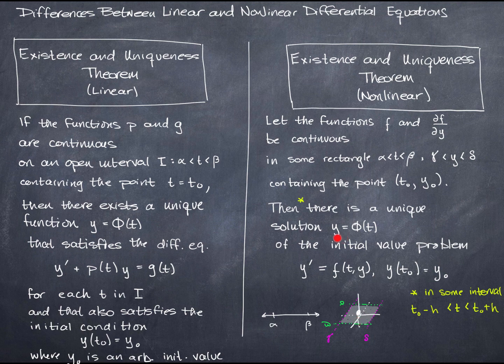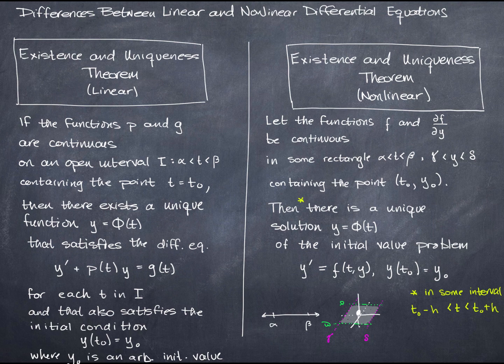The solution, which is also a function, is going to fall in some interval. And that interval is defined this way. The t values all come from a range of values: t naught, which is our initial input, t naught minus a number, and t naught plus a number.